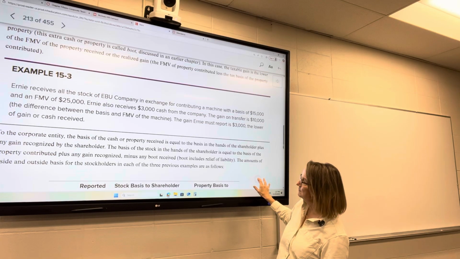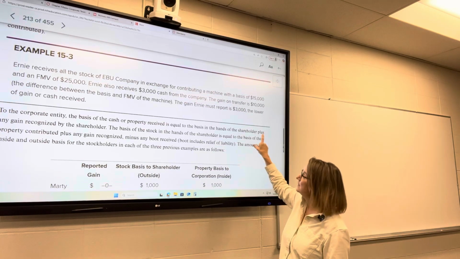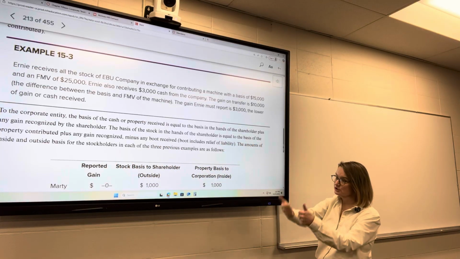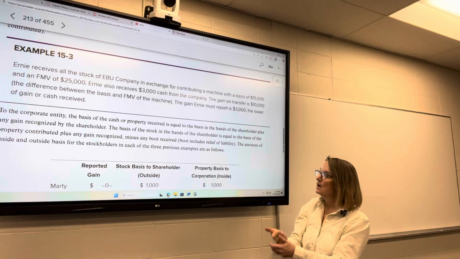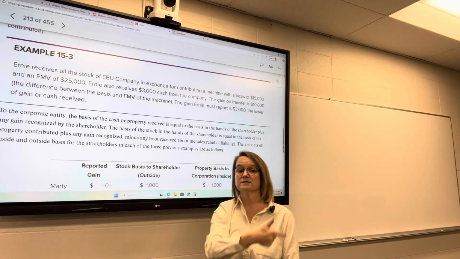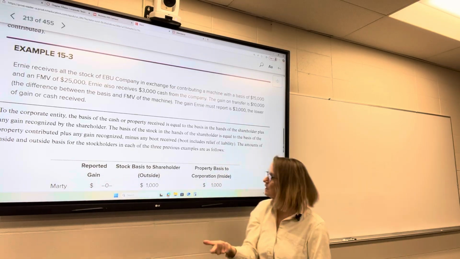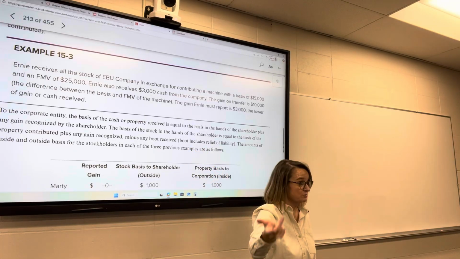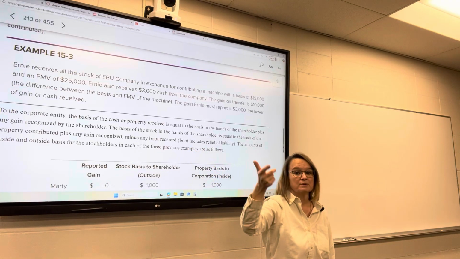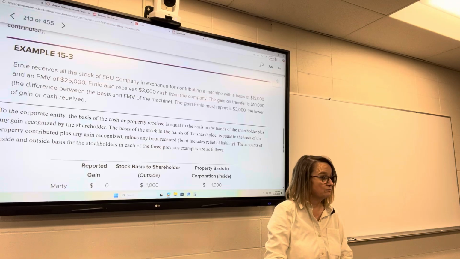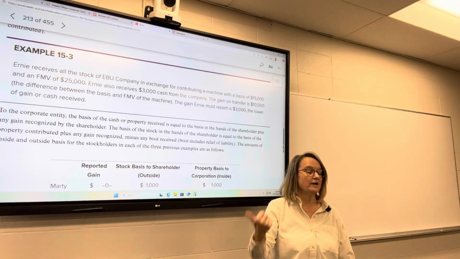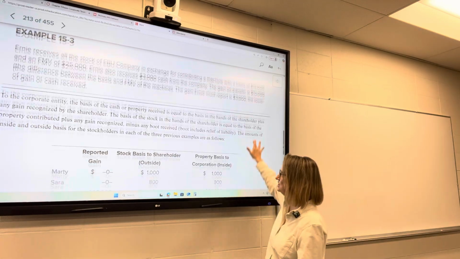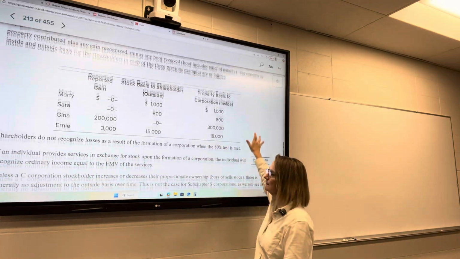The basis of the stock in the hands of the shareholder is equal to the basis of the property contributed. So she contributed $100,000 plus any gain she recognized. She recognized $200,000 of gain minus the boot received. Her boot received was $300,000 because she got a $300,000 relief of that liability. So 100 plus 200 minus 300. So that's why she has a zero basis here.